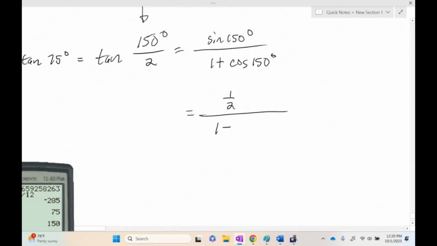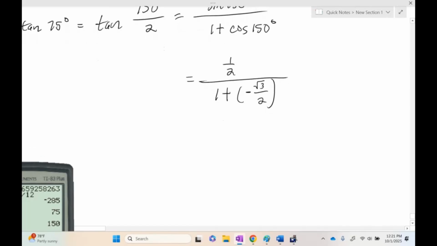So that should be 1 plus cosine A. I thought something looked funny. So that's 1 plus, and then the cosine of 150 is negative square root of 3 over 2. So to simplify, we got to do what?